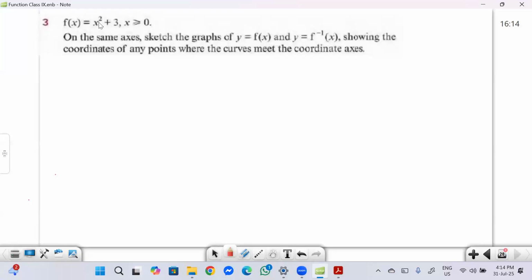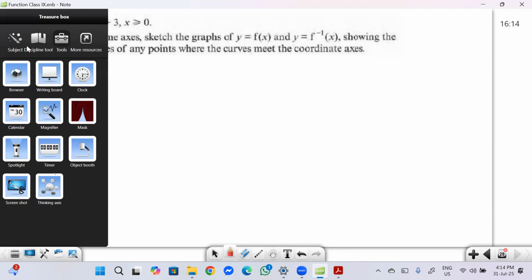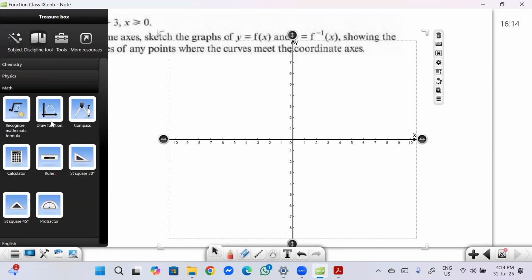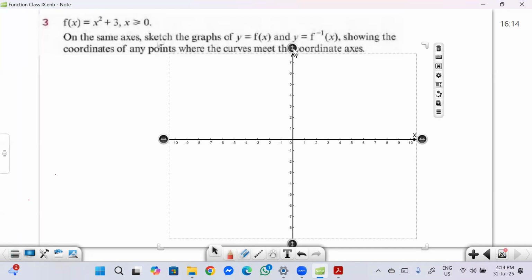What we need to do is draw x squared plus 3. So for that, let us take out our drawing tools. Since we are to sketch, we need not have all the points, but some.